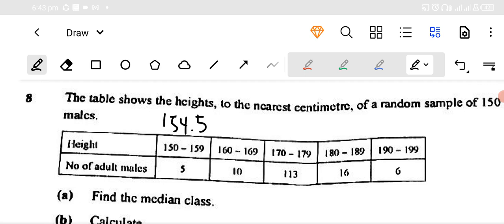Then 160 plus 169 divided by 2, 164.5. Then you have 170 plus 179 divided by 2, 174.5.